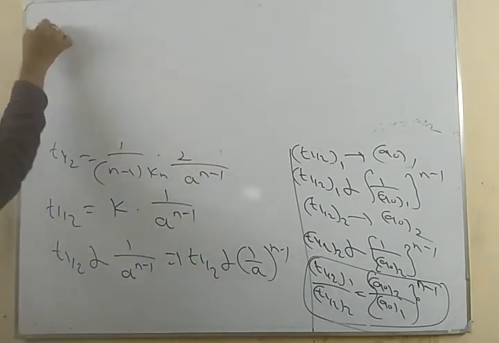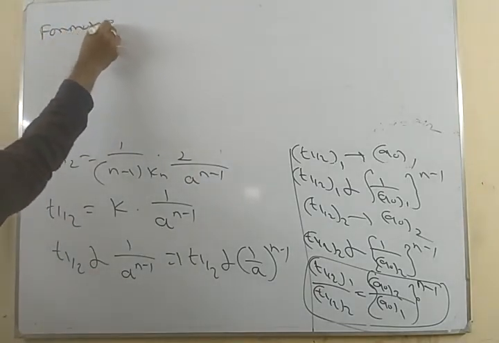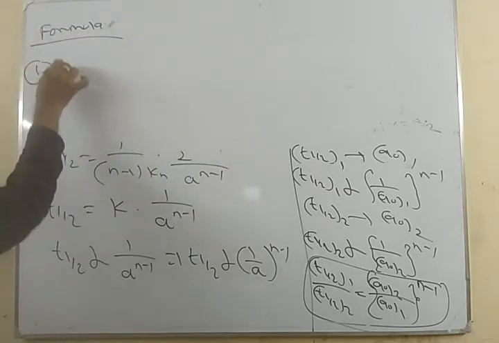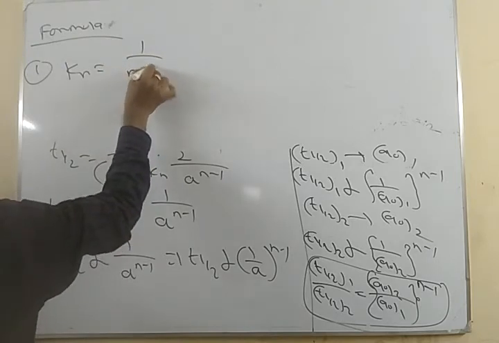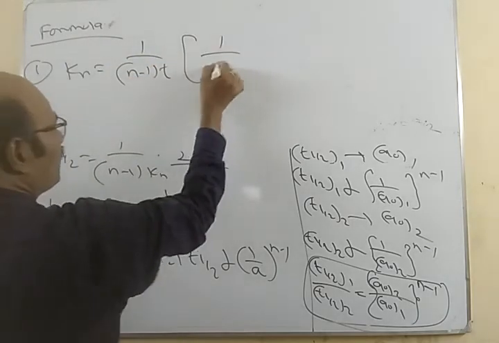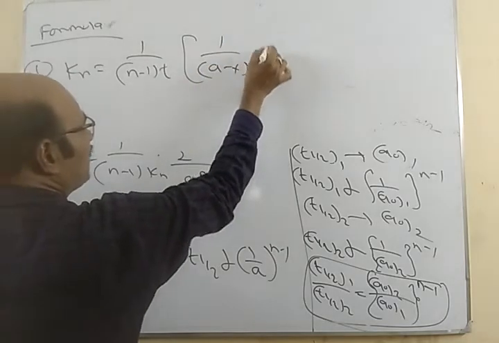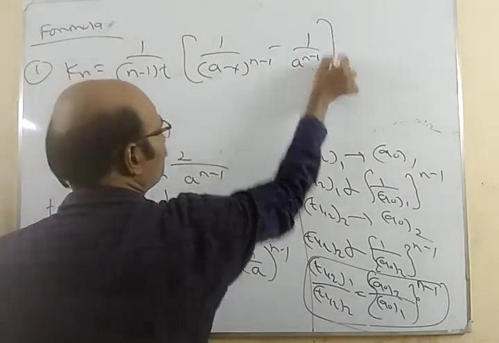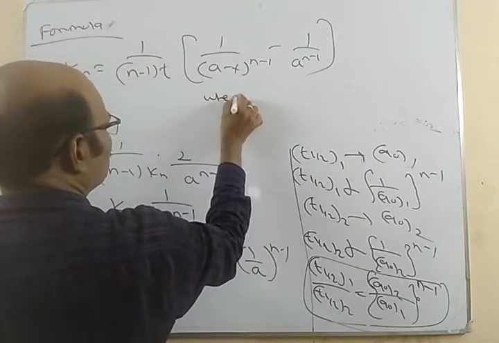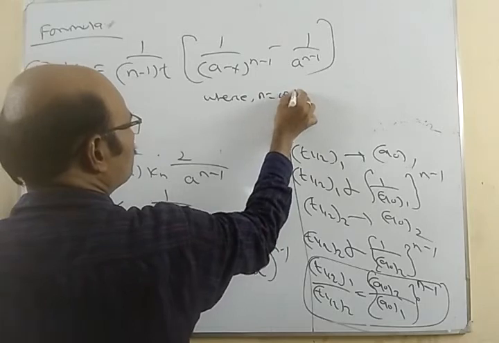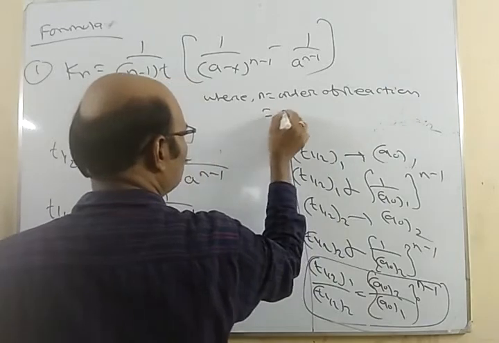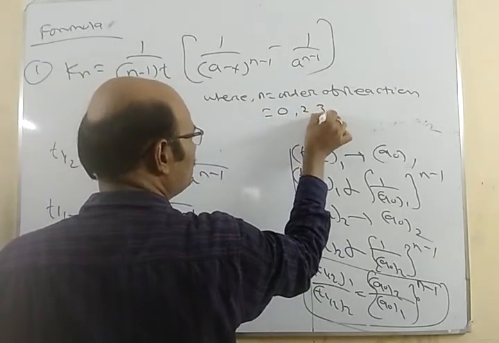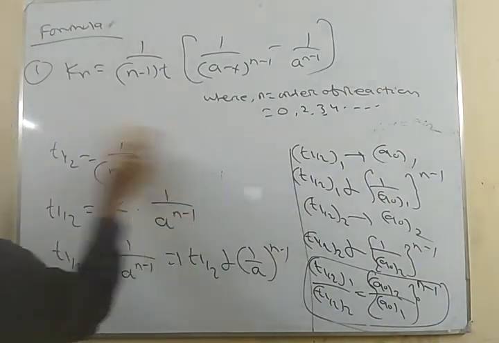Now simply, what are the formulas we have discussed? First, k of n equals 1 by n minus 1 into t into 1 by a minus x power n minus 1 minus 1 by a power n minus 1, where n is the order of reaction, and this can be 0, 2, 3, 4, anything.